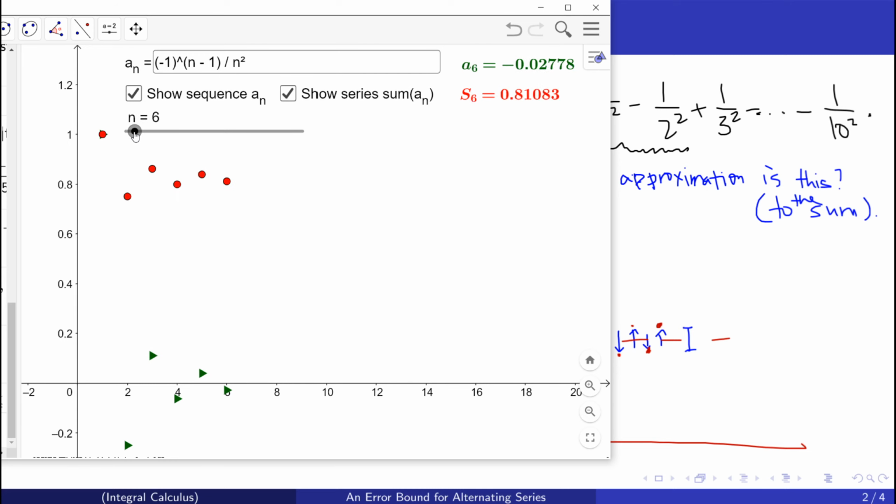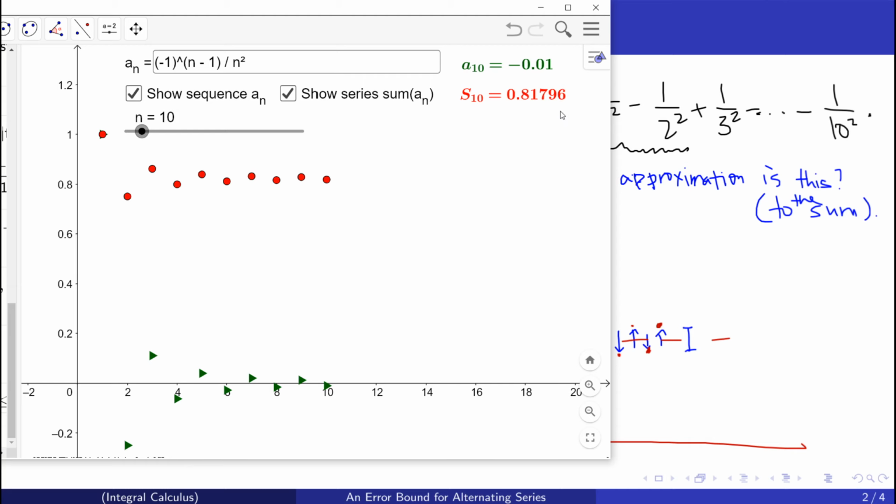As I increase n, the next term here for n equals 4 is negative, so it goes down for the next partial sum. Then n equals 5 goes up, and so on. The sums alternate. If I stop adding at n equals 10, this is the 10th partial sum, 0.81796.